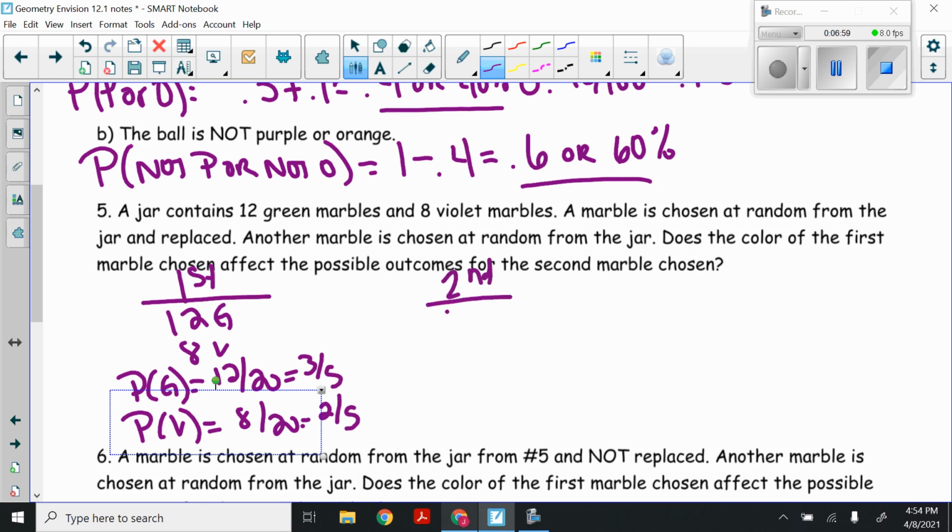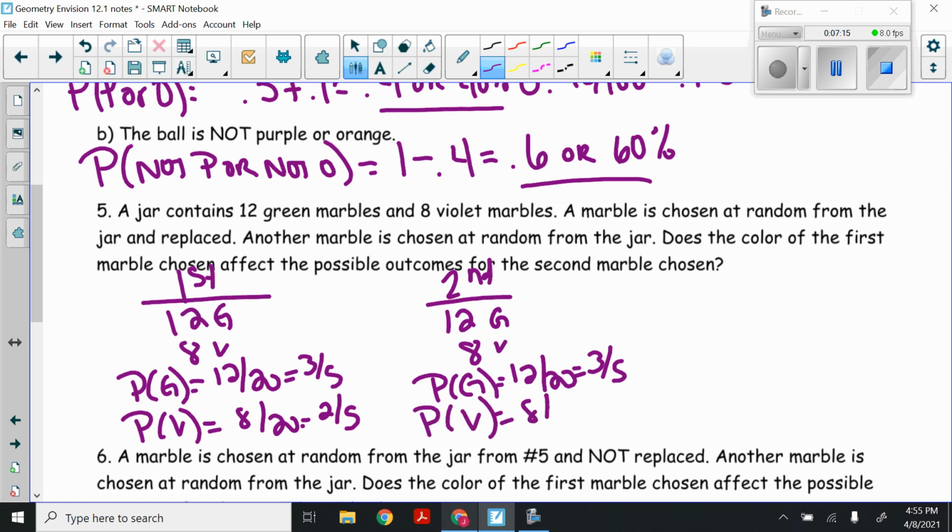So the second time, since we put the marble back, I still have 12 green and 8 violet to choose from. So again, the probability of green is still 12 out of 20, or 3/5. The probability of violet is still 8 out of 20, or 2/5.